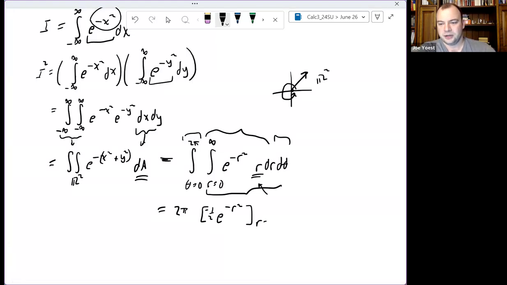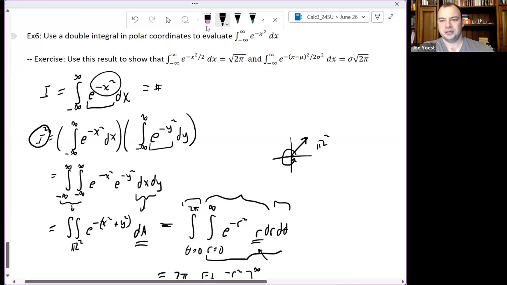And evaluating from r equals 0 to infinity, so this is negative pi. e to the minus infinity: as r goes to infinity, minus r squared goes to minus infinity. e to the negative infinity is 0, minus e to the 0 is 1. So this is just pi. Now that's I squared is pi. So then my integral has to be root pi.